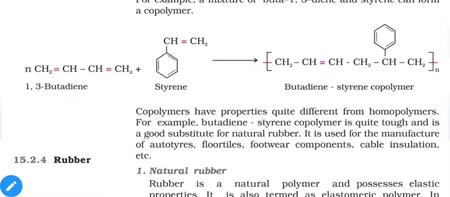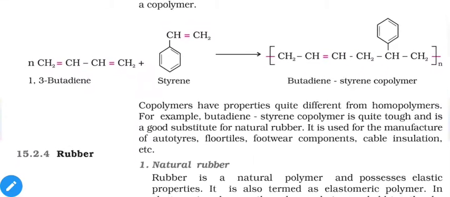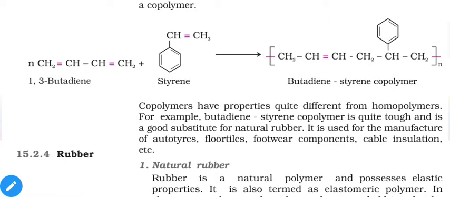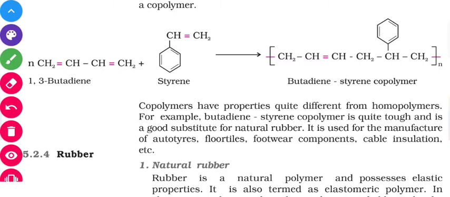As an example, when 1,3-butadiene and styrene react with each other, it gives us butadiene styrene copolymer, also known as BuNa-S. When the reaction occurs, bond transformation takes place. We have double bonds, and these double bonds will shift.